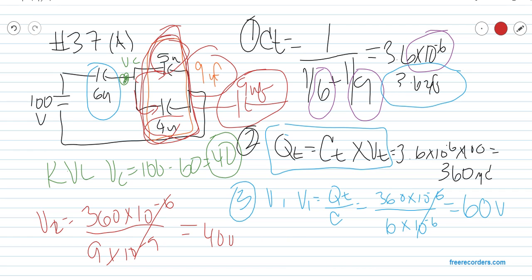From there, you can find your voltage across each capacitor by dividing the charge in coulombs by your capacitance. For capacitors that are in parallel, remember that all capacitors in parallel experience the same voltage potential. You'll have to find the total capacitance for capacitors that are in parallel.